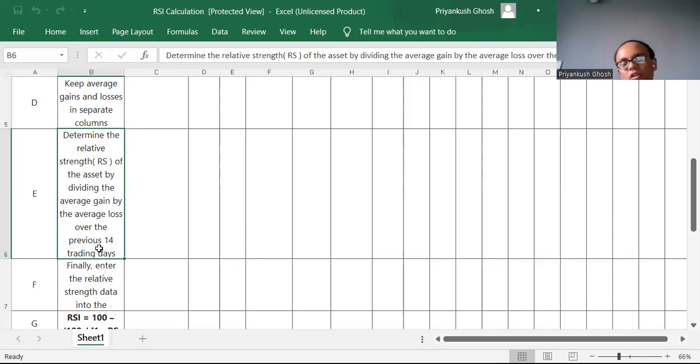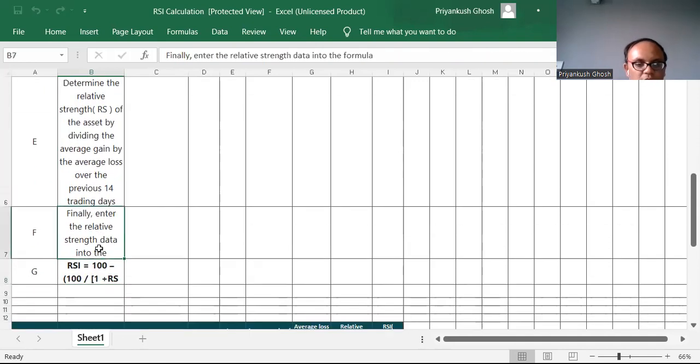Say the average gain over the last 7 days was 30% and the average loss was 25%. So 30% divided by 25% is 1.2. That is our relative strength. It means that whenever the market was up, it was up by a bit more than it was down whenever the market was down.